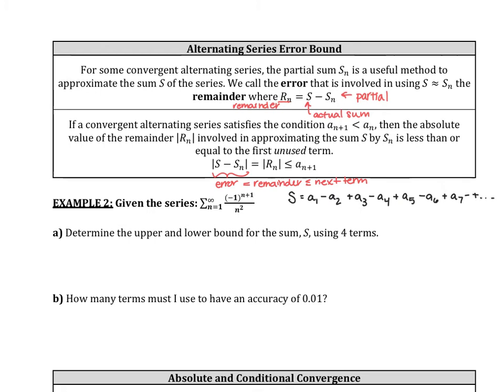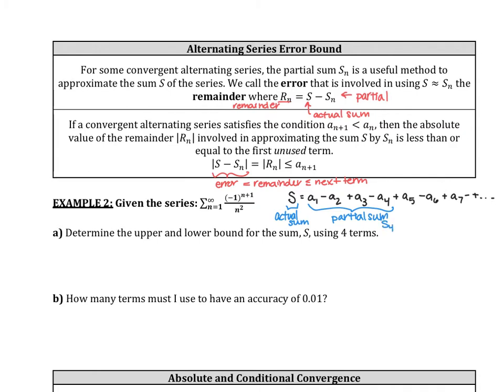And then we just keep going. This piece right here is called my actual sum. Let's say I use the fourth partial sum as my approximation. So this is my partial sum. This would be S sub 4.